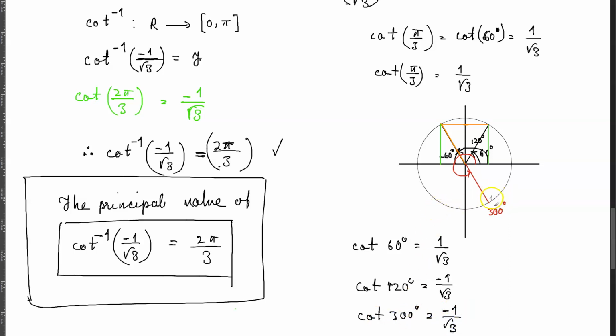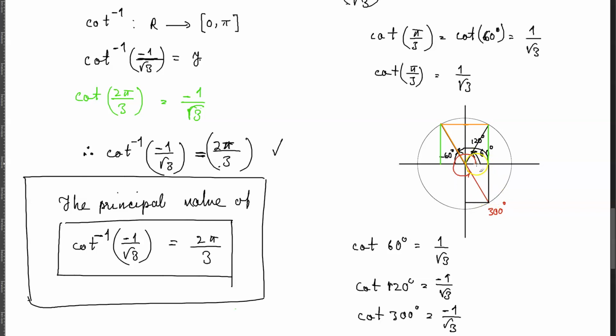And the reason for that is very simple. You can see that the value of the cos of this angle is exactly the same as the value of the cos of 60 degrees. The value of the sine of this angle is this value over here, which is exactly the same as this value, of course the signs being ignored for now.